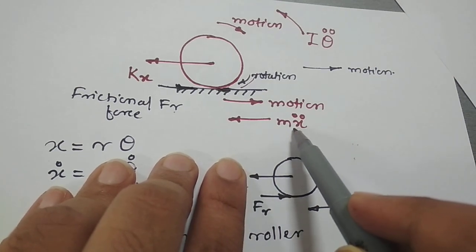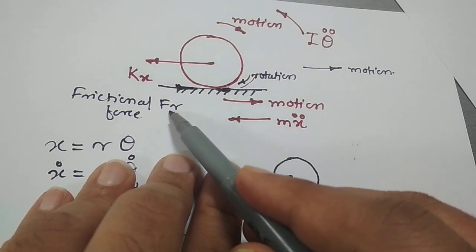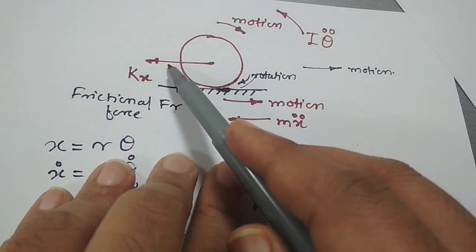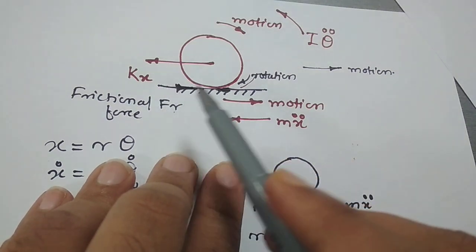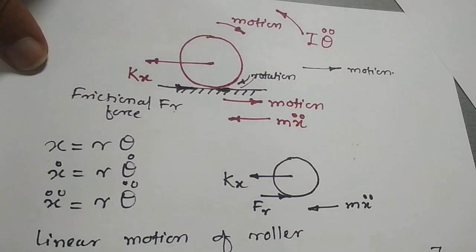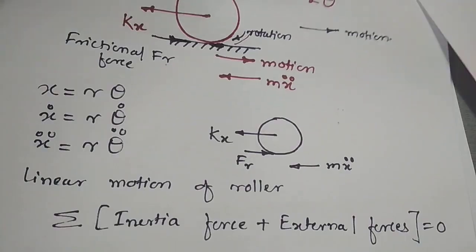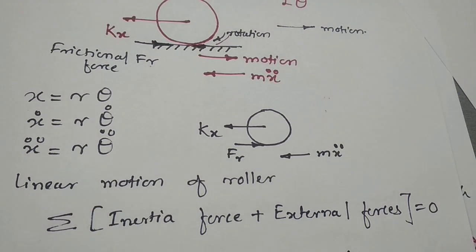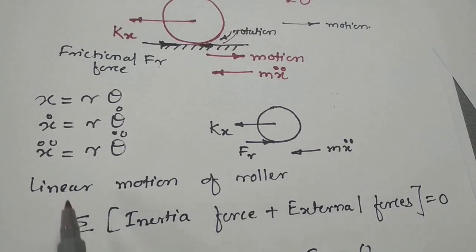One is an inertia force, another one is Fr, the frictional force, and the restoring force kx is acting. So we drew this FBD, and then according to D'Alembert principle, we will solve the corresponding numerical. So in linear motion of the roller, the summation of inertia forces plus external forces is equal to 0.